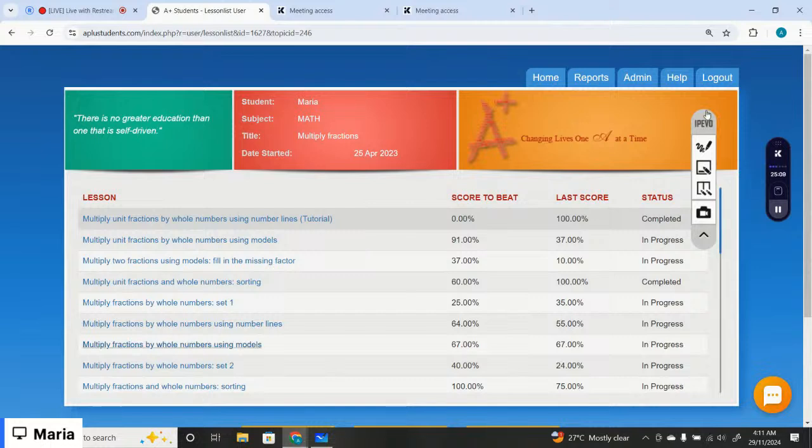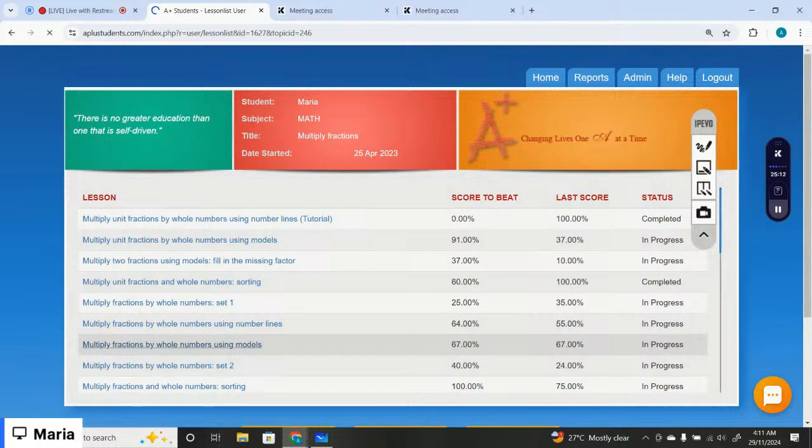The next lesson is multiply fractions by whole numbers using models.